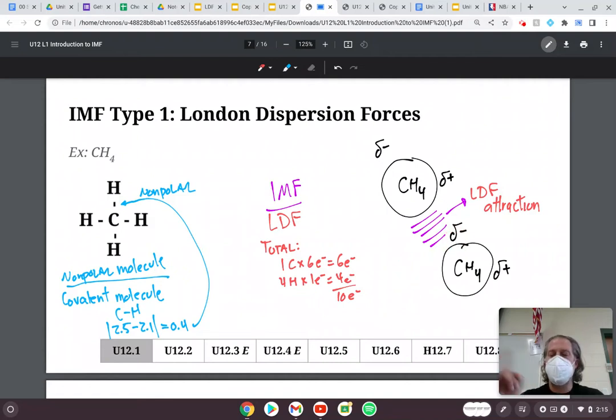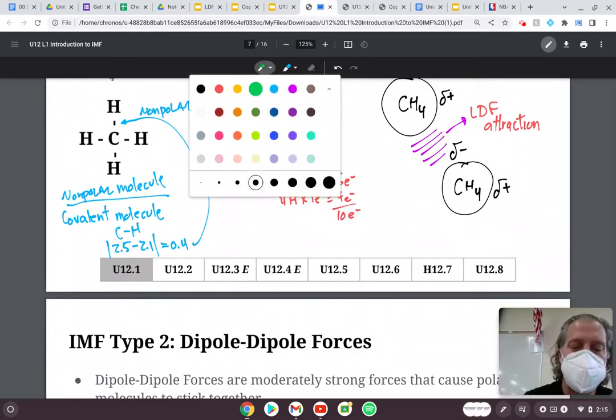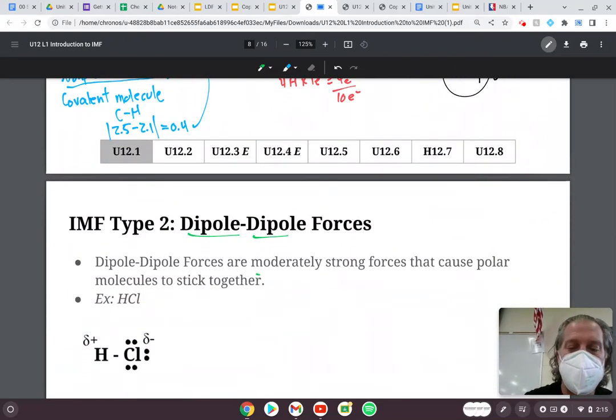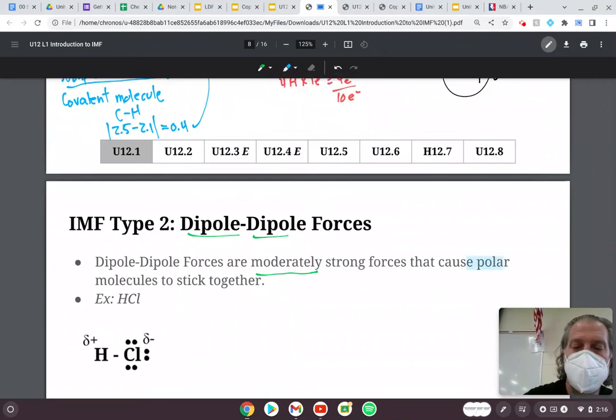And there are 2 other forces that we need to be responsible for understanding, so we're going to jump into those now. The next one is called dipole forces. In dipole forces, these are moderately strong forces that cause polar molecules to stick together.